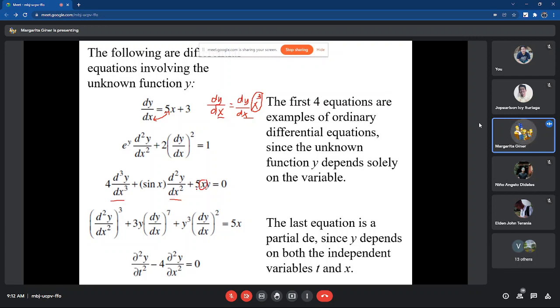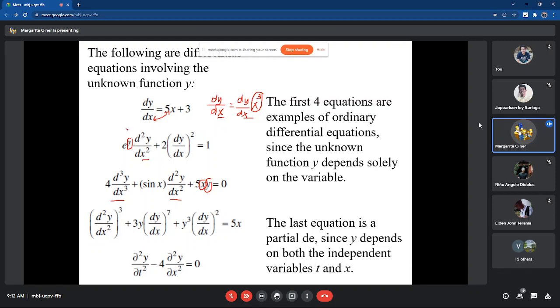Now, the question is, there is also a y, so how can you say it is one variable when there are two, y and x? No, because y is considered your dependent variable. Meaning to say, this is your one dependent variable and one independent variable.